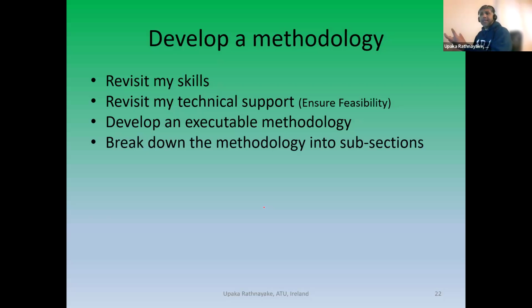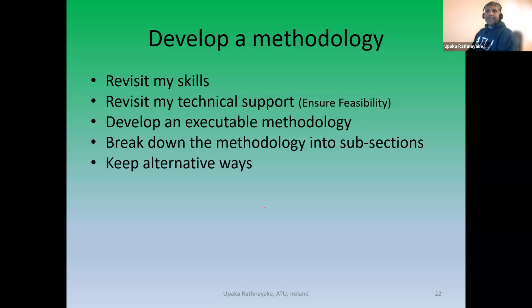When I'm doing this, I used to sketch this methodology because, if you're publishing a paper based on this research work, you need to give the flow chart of your methodology. It's very important. So when you sketch those things, it's easy for us to understand. It's easy for the readers to understand. So I'm breaking down the methodology into subsections.